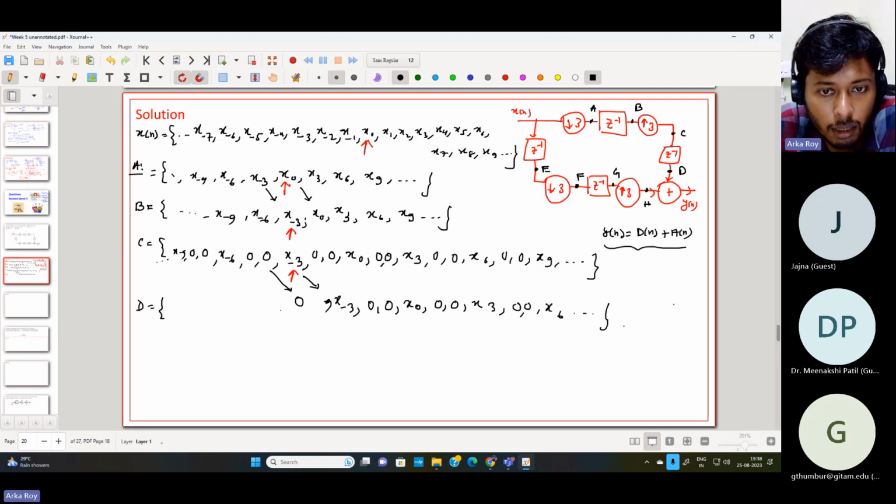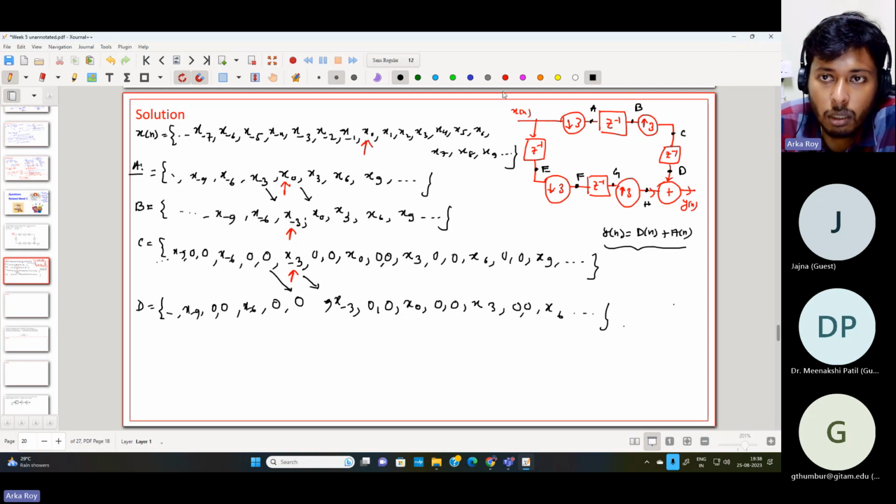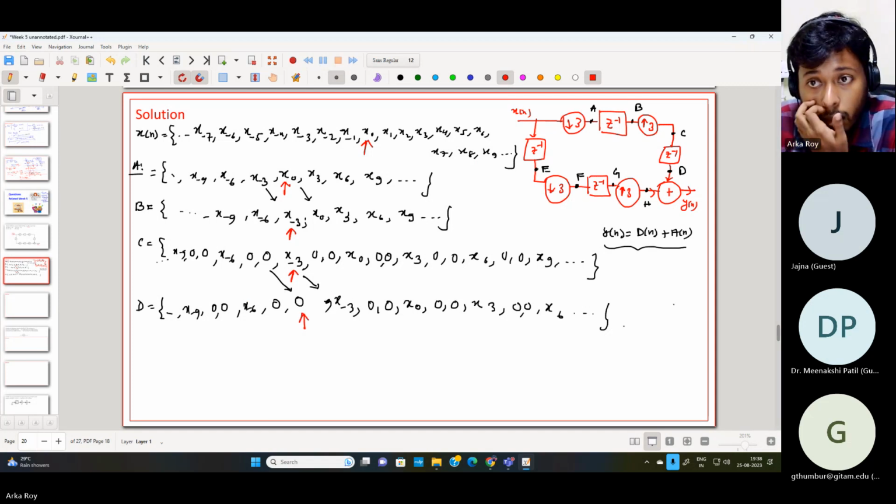And here then 0 0, x of minus 6, 0 0, x of minus 9, and so on. So now the center location has 0. So the D part is done. The signals at this particular location we have evaluated.